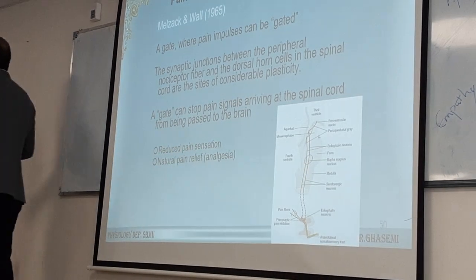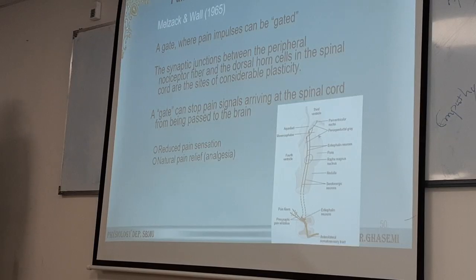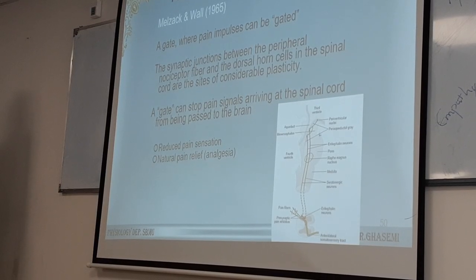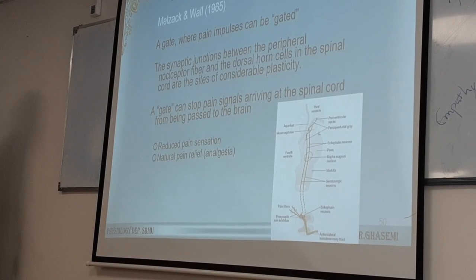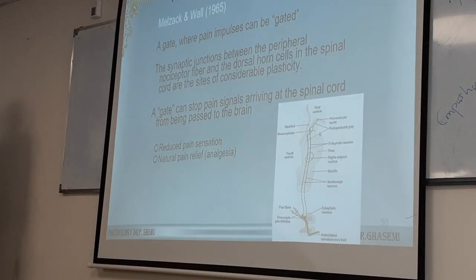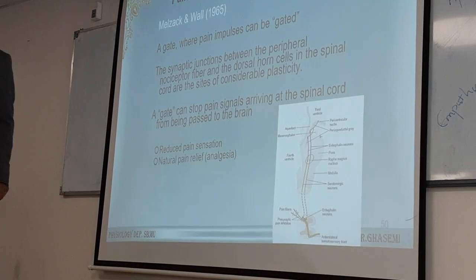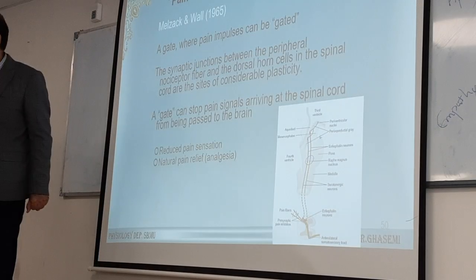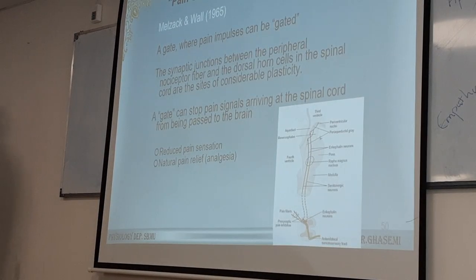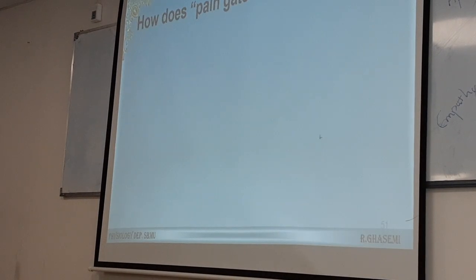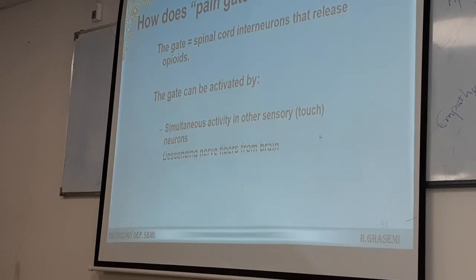Analgesia means reducing the pain sensation. For this reason, when we hit our hand, we try to move it and massage it, and it is because of the gate theory.